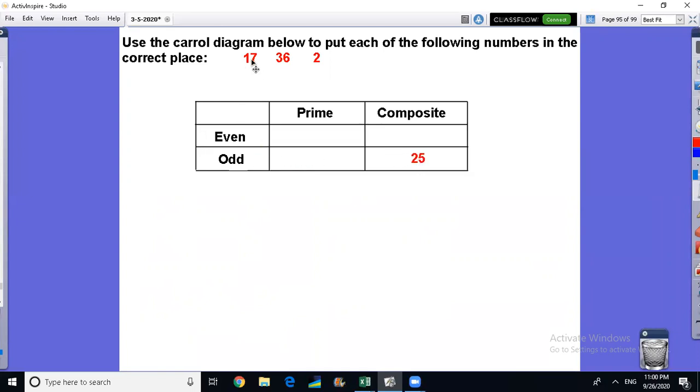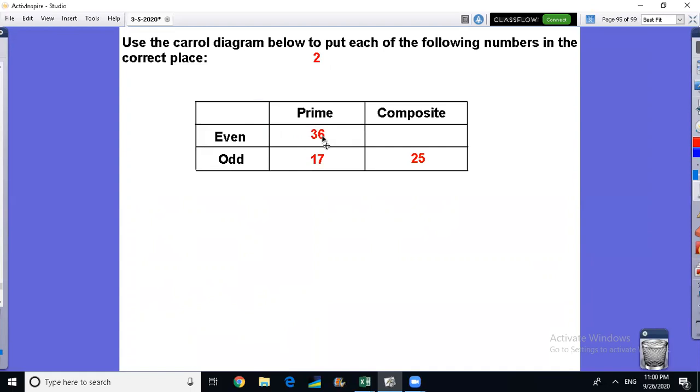What about 17? Is it even or odd? 17 is not even, it is odd. Is it prime? 17 is only 1 times 17. You're never going to find any other whole numbers that when you multiply will give you 17. So 17 is odd and prime. What about 36? 36 is even, but is it prime? No way.